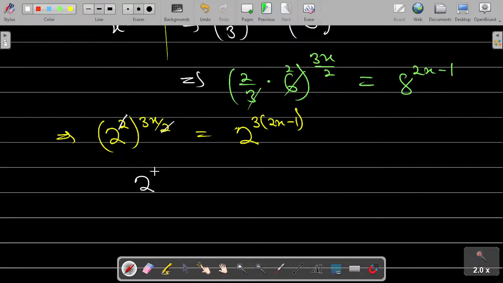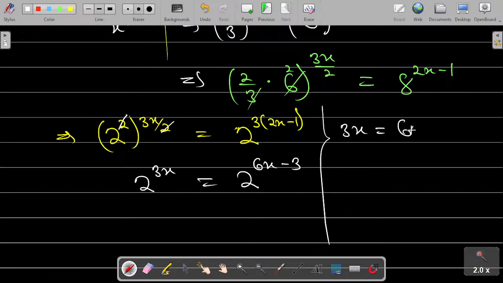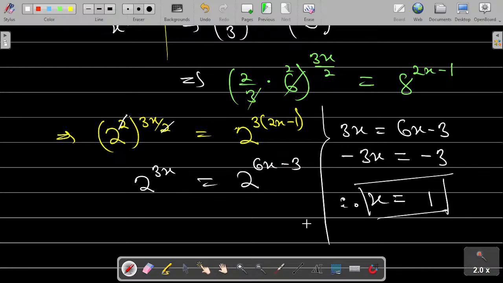So we just have 2 to the power of 3x is equal to 2 to the power of 6x minus 3, and then immediately equal bases we go, so we just have 3x equal to 6x minus 3. Collect like terms, let this come over here, that will be 3x minus 6x, which is equal to minus 3x minus 3. Divide both sides by minus 3, we'll have that x is equal to 1 as the solution to that problem.